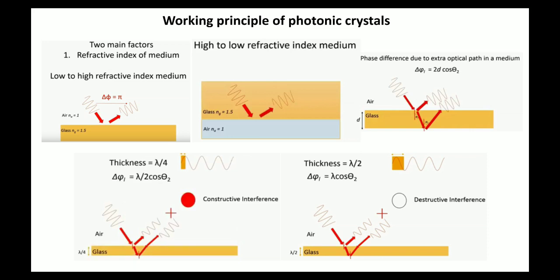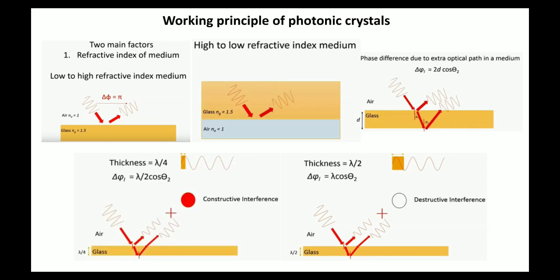Some of the light passes through the upper surface and gets reflected from the lower surface of the glass. It is represented in the next image, where you can see the light is traveling from high to low refractive index medium. The high refractive index medium is glass and the low refractive index medium is air.